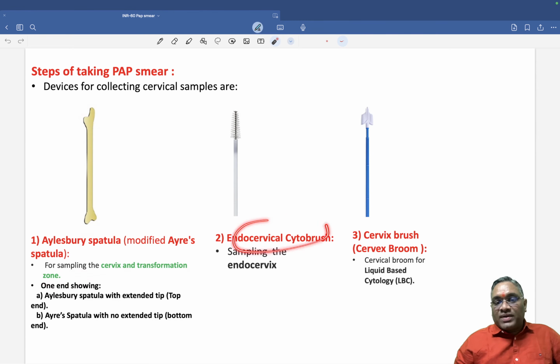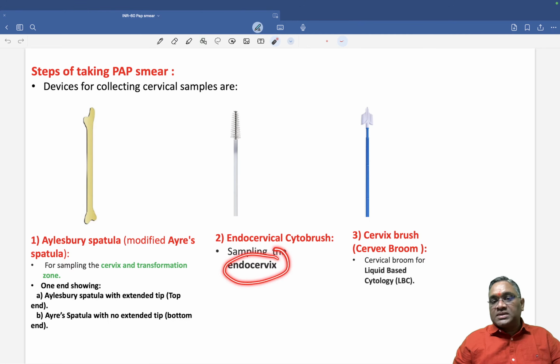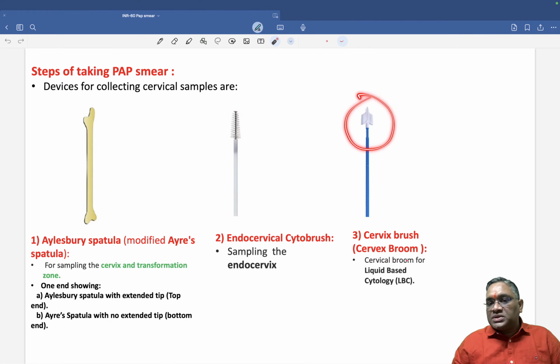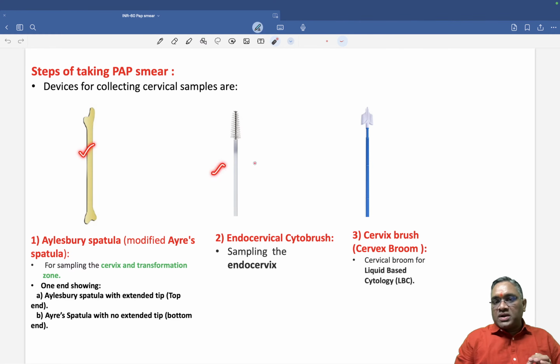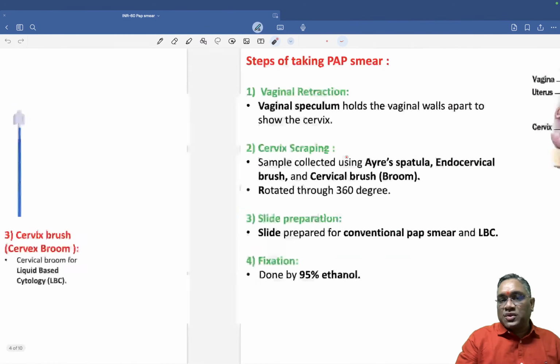The endocervical cytobrush is used for sampling from the endocervix. Cervix brush or cervix broom is used for liquid based cytology. These are the three important things we have to discuss in the steps of the pap smear.